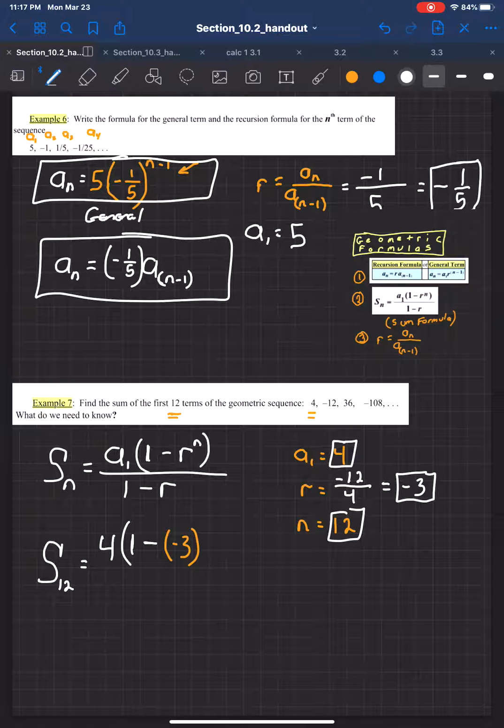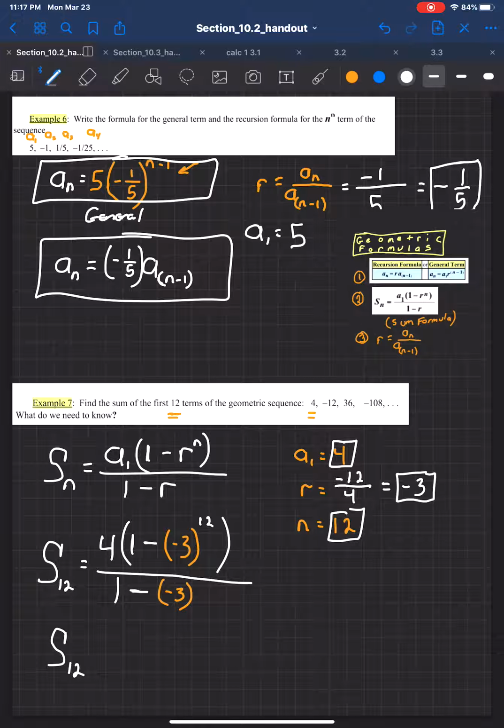What's n? 12. Divided by 1 minus, and again be careful here, r is a negative number, 1 minus negative 3. As long as we're careful with the treatment of our grouping symbols, then the sum of the first 12 terms, by my quick calculation, should be negative 531,440.